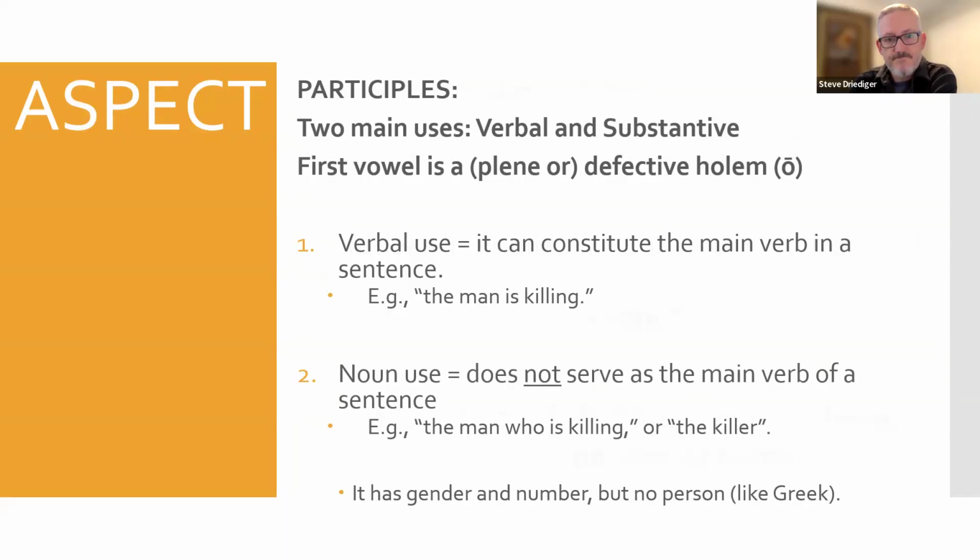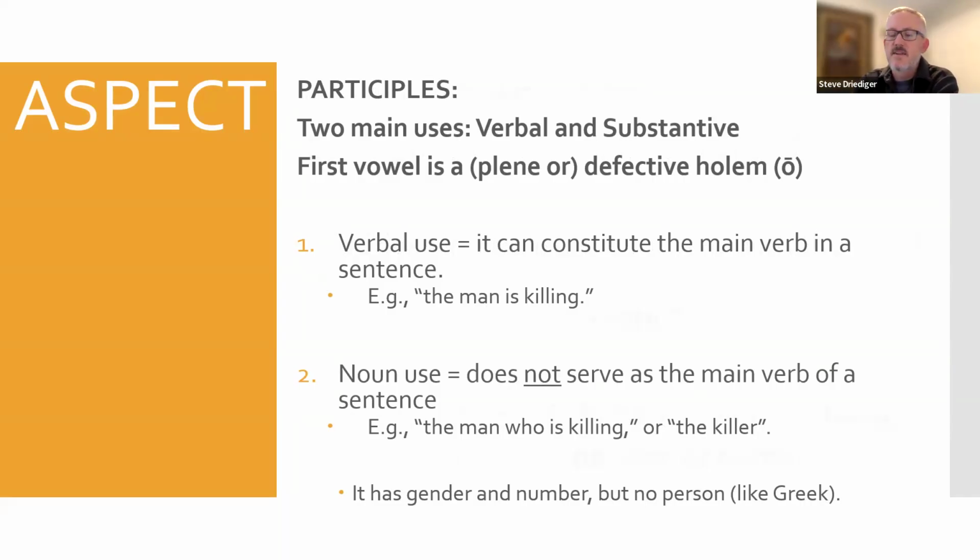Participles, again, it can constitute the main verb in a sentence, and that is perhaps different in Hebrew than what we would find in Greek. In Greek, we would not expect a participle to be the main verb. We would still be looking for another finite verb to be the main verb in the sentence.